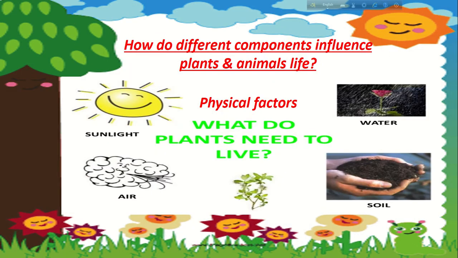How do different components influence plants and animals' life? So I have told already, that is soil, air and water. These are the main components of the non-living environment, and sunlight also. Without these components, organisms cannot survive. So let's see how plants use these components and how animals use these components.